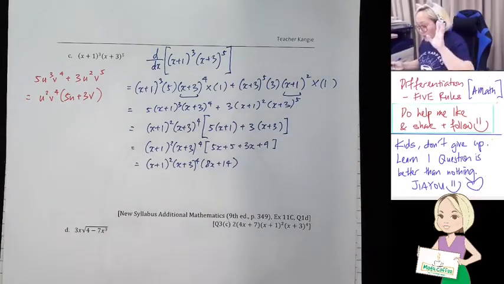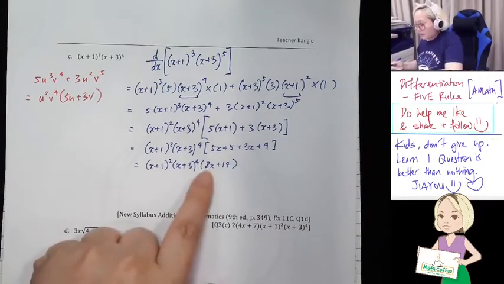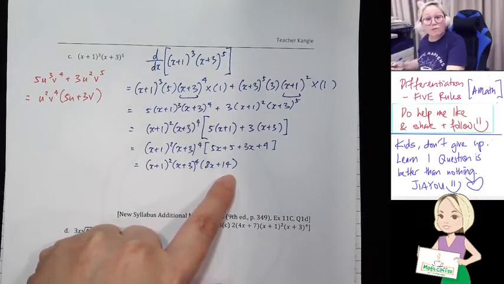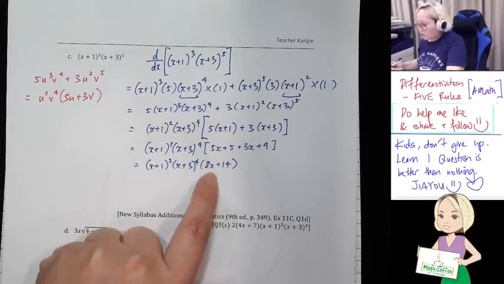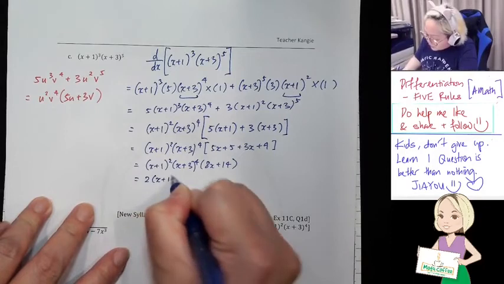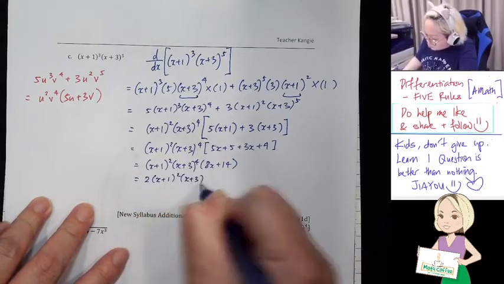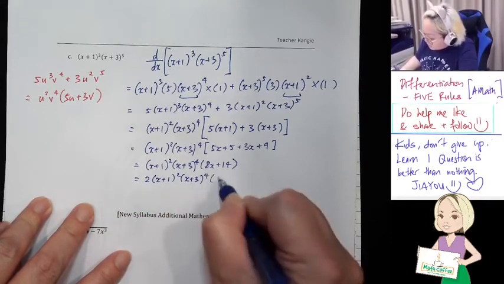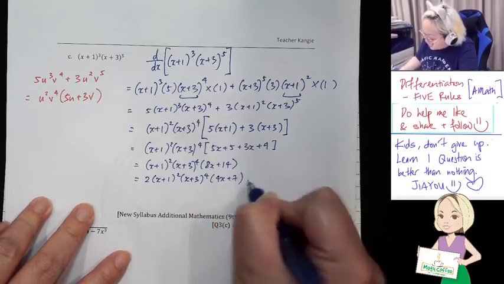Then you see, this 8x plus 14, actually there's a common factor 2 you can take out, correct? So you're supposed to take out 2 and put it right in the front. So 2(x plus 1)^2 (x plus 3)^4, and you become 4x plus 7. Done.